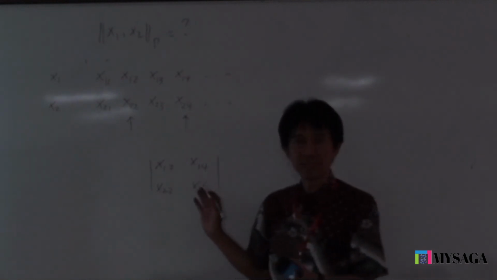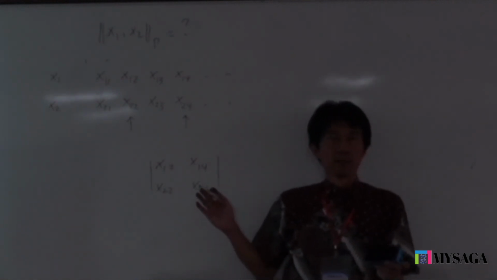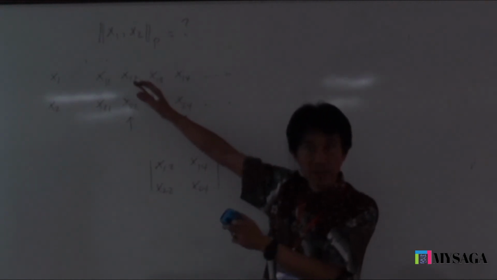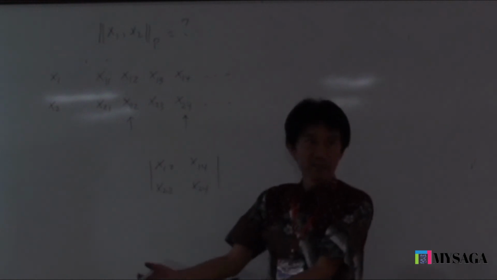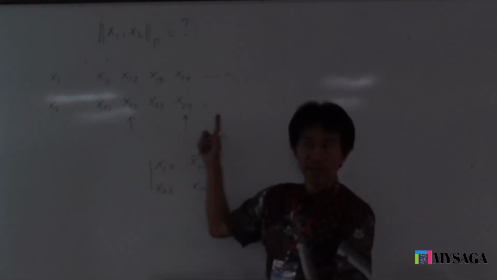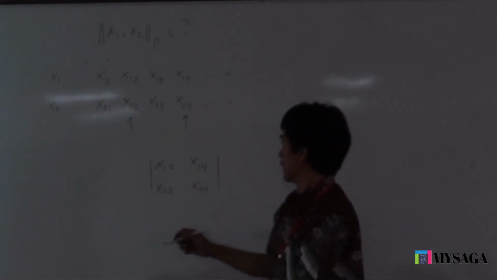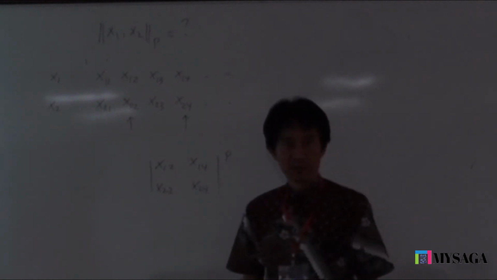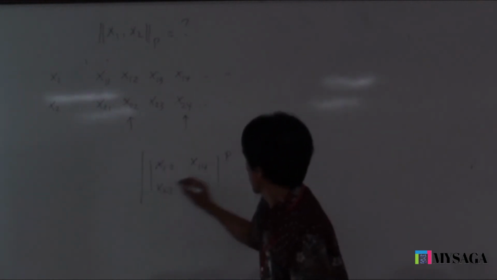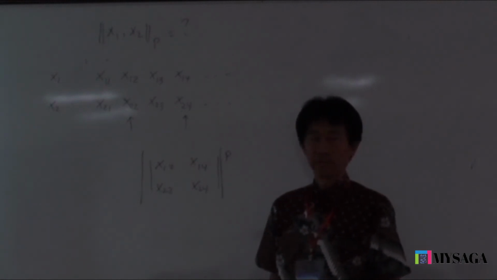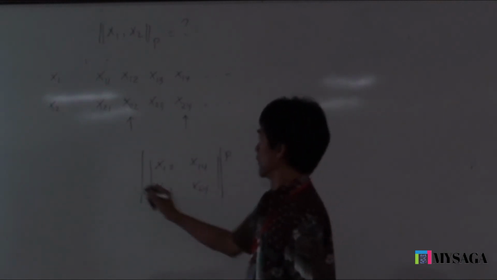So think of this as the area of the original parallelogram projected on the second axis and the fourth axis. I get one area, and then I raise it to the power of p. Okay, I have to take the absolute value. And I get many of these, so that's why I get this.